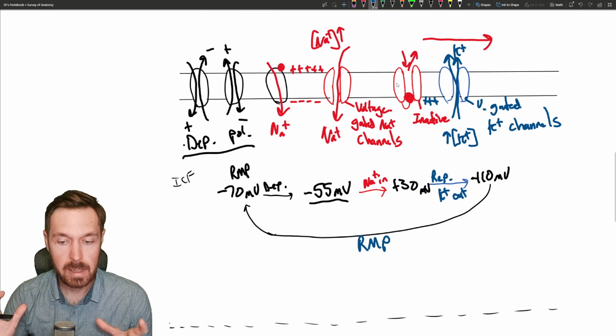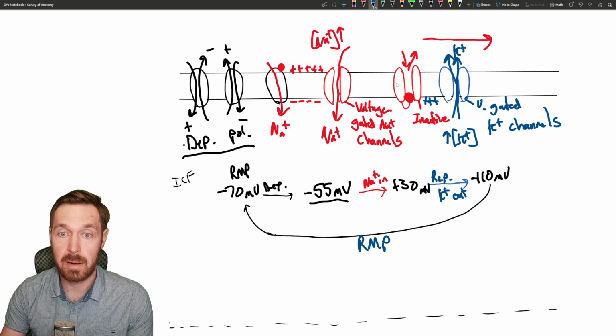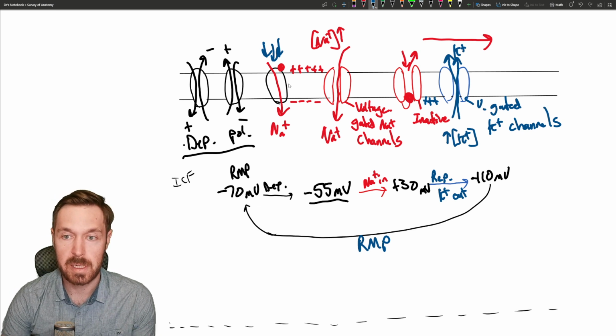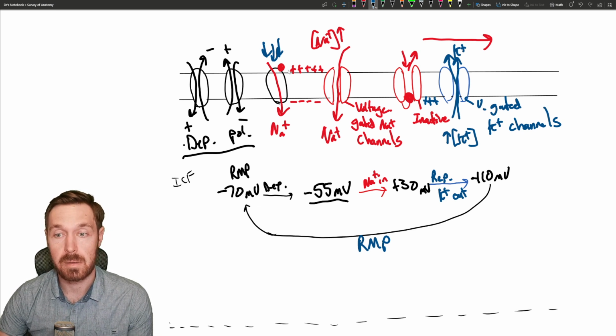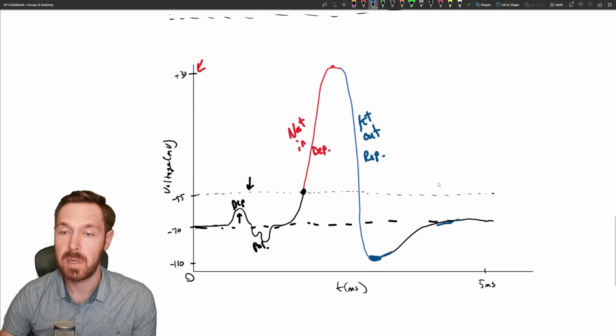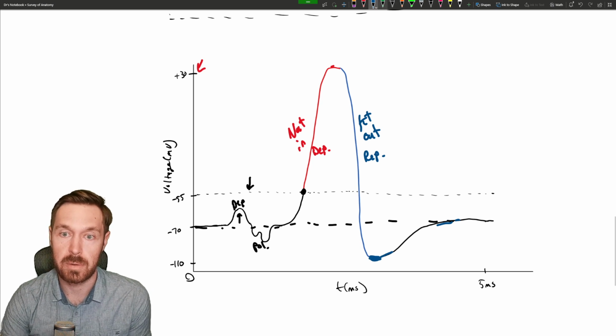Now, the thing is, when can you fire another action potential? When can this section fire again? If there's still sodium coming in right here, you're going to fire another action potential. You're going to send another stimulus. And this resets within 5 milliseconds, but there's a point in which you can fire and a point in which you cannot fire no matter what you do.